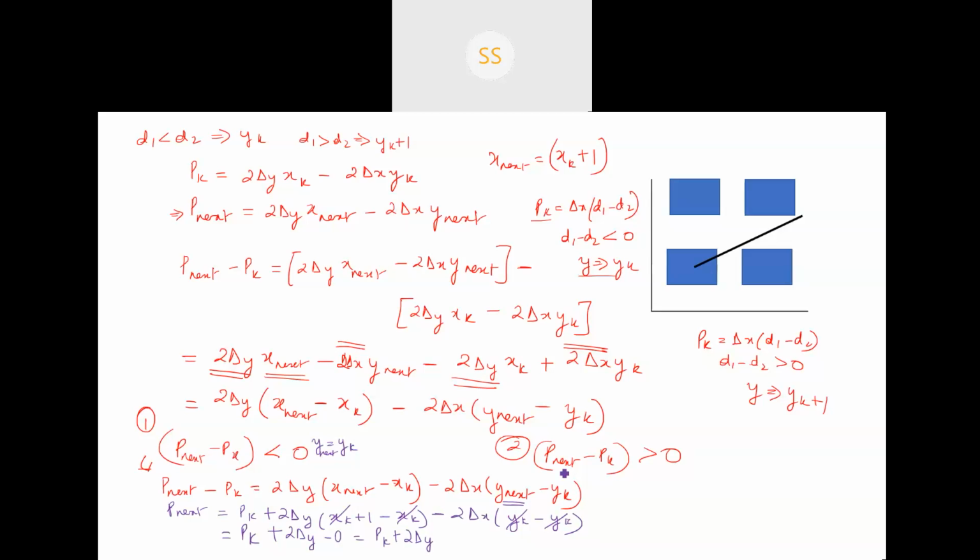Now let us look for the other part. I'm going to write my p next minus pk is said to be greater than 0 condition. That is my second condition.